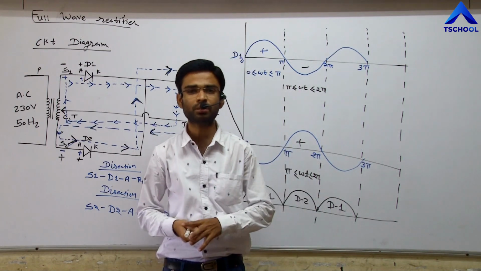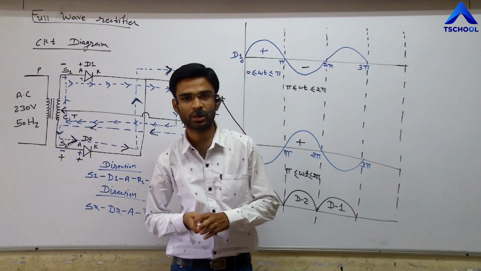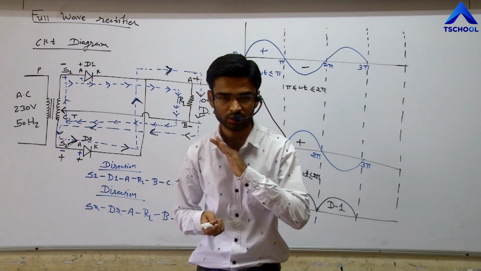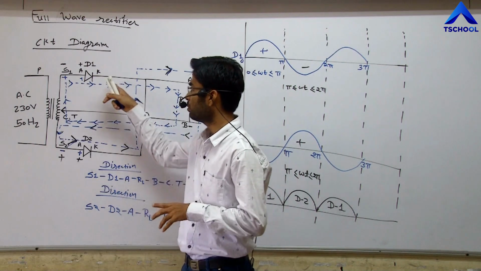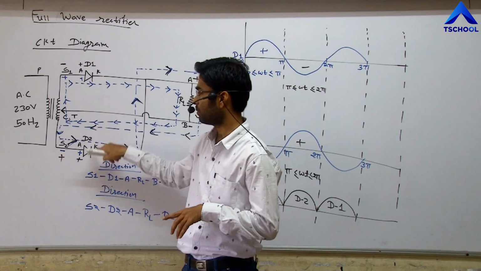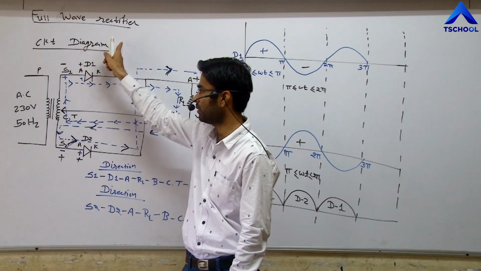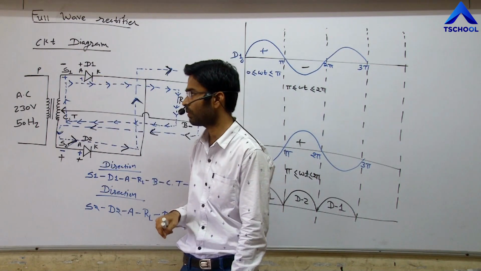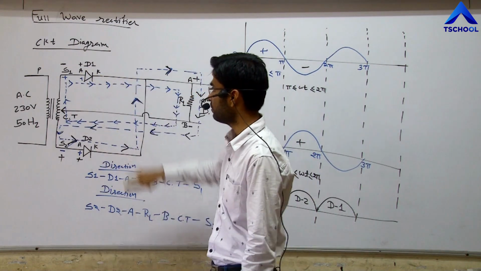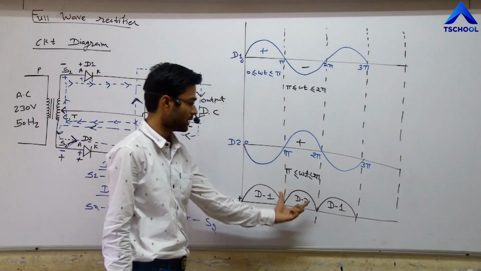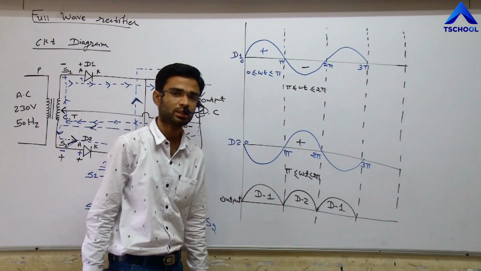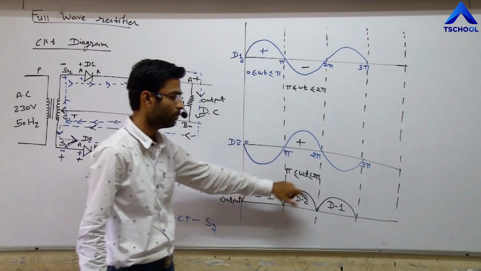During the second half cycle the output is totally zero. That's why we use two PN junction diodes in forward bias, which is the full wave rectifier. Why do we say full wave rectifier? Because here during the first half cycle we got the output, and during the second half cycle we got the output. That's why we say full wave rectifier.